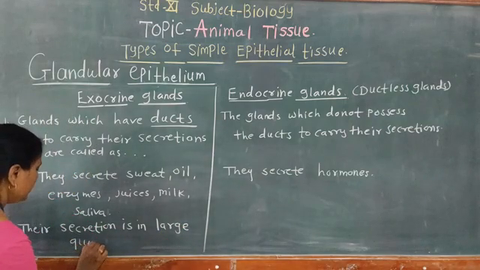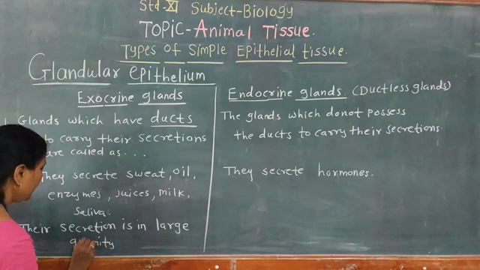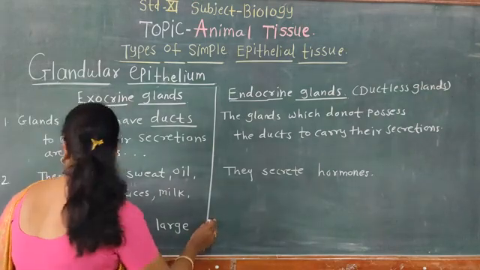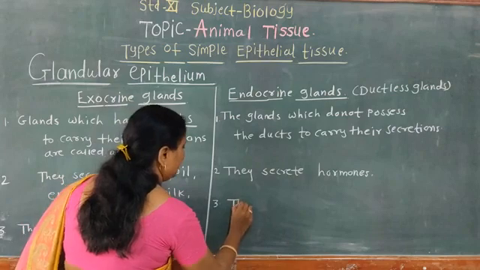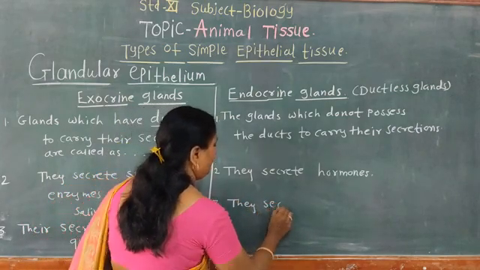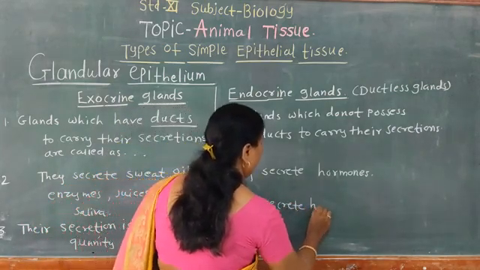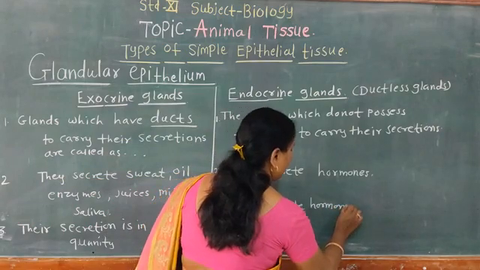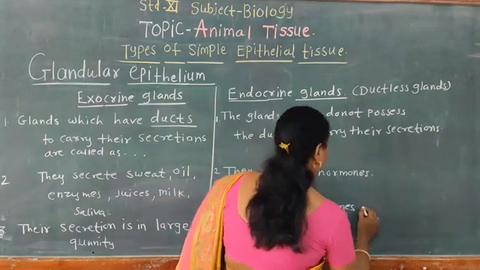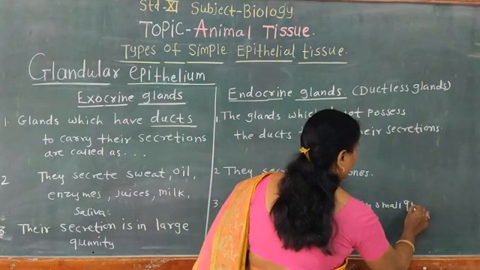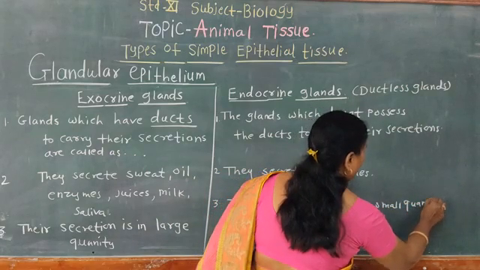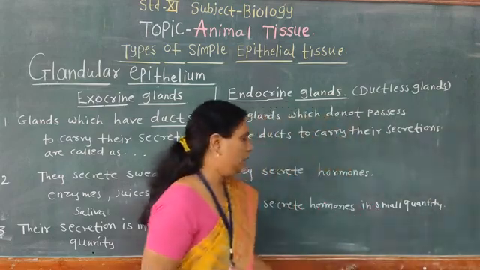And in case of the endocrine glands, they secrete hormones in very small quantity. So secretions are in small quantity, very less secretion.